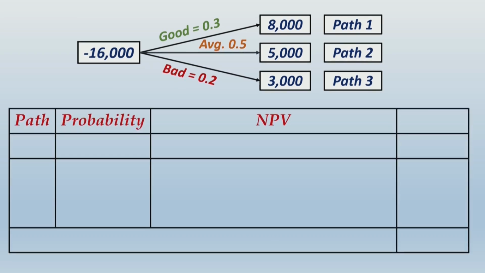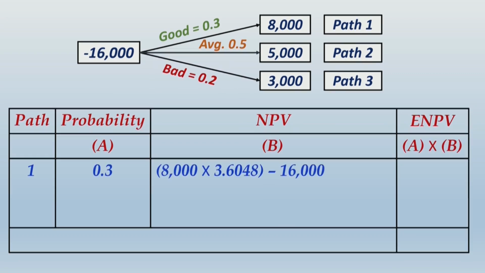We make a table to show the expected NPV for each path. So we start with path 1. Look at one thing. At 12% discounting rate, the annuity factor works out to 3.6048 and 8,000 is the annual cash flow. Multiplying these two would give you the present value of cash inflow minus 16,000, which is the initial investment, and what you get is the NPV for path 1.